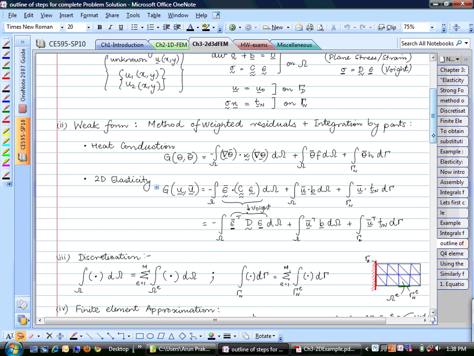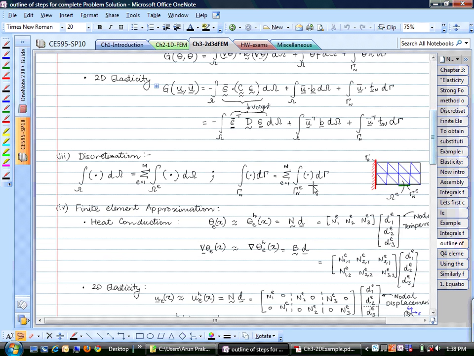So the next step is if we want to solve this problem on an arbitrary domain. In this case, we have a nice rectangular domain, but we could in general have some arbitrarily shaped domain. So what we want to do is we will discretize this entire domain into small, either triangles, rectangles, quadrilaterals, whatever.